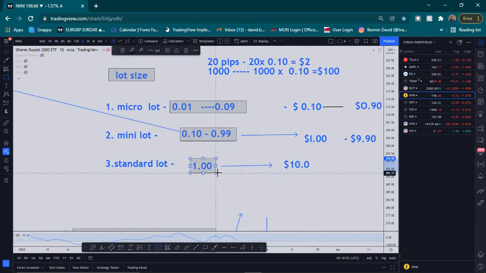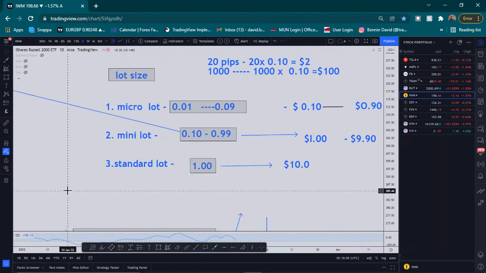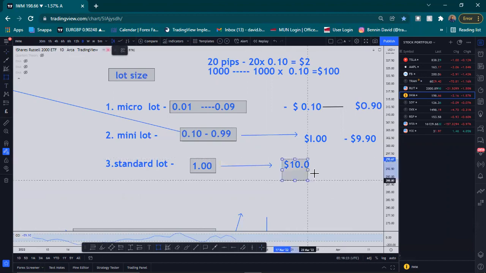But what is happening is the lot size you use is based on the account size you have and how much you're also willing to risk. Because if you enter a trade, it doesn't go straight into profit. Sometimes it can go down negative 10 pips before it goes into profit. So if your account is $100 and you are using a standard lot, every pip is $10.